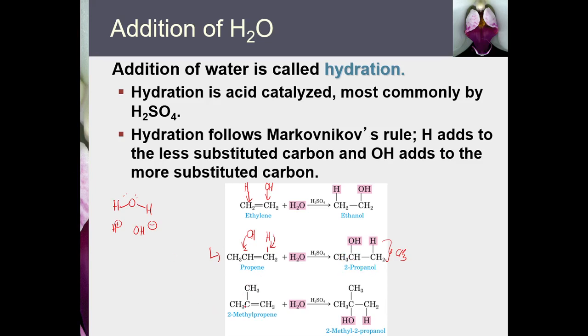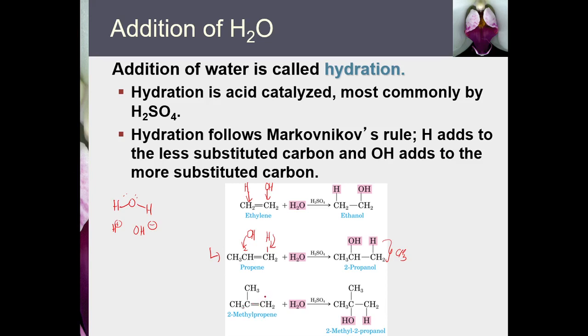This one is 2-methylpropene. Why is it 2-methylpropene? 1, 2, 3, met, eth, prop. So propene, and you have a double bond. Where is the double bond?